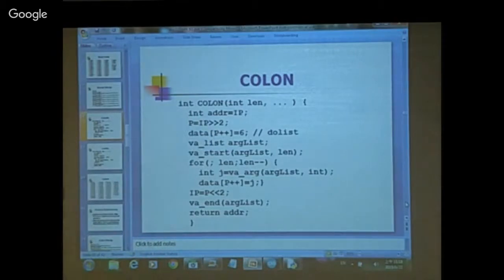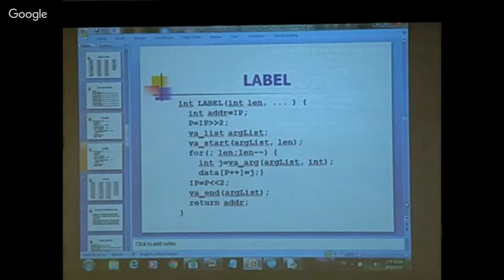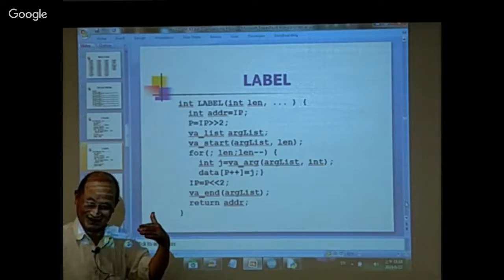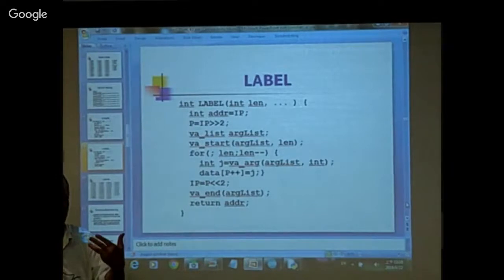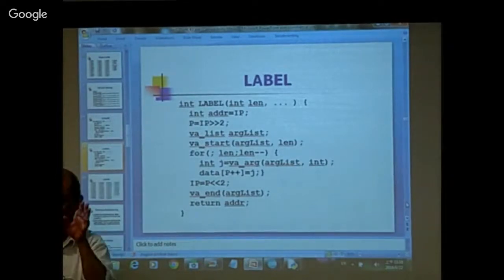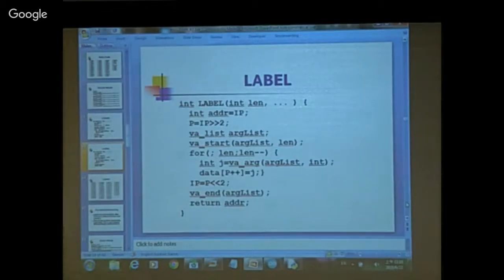So a label is to name, to give a location of a particular word, but you can attach a number of tokens after that, because what we care about is the location of this label. And of course, after that, you can assemble as many tokens as the code needs.